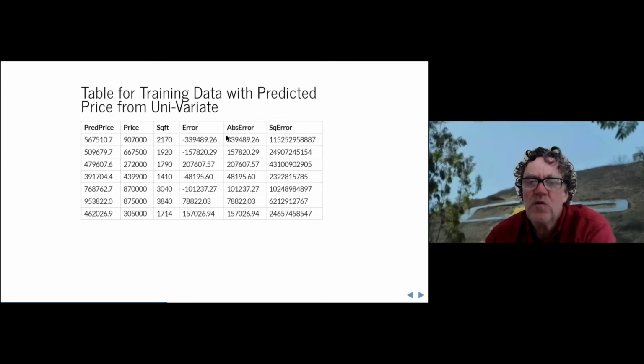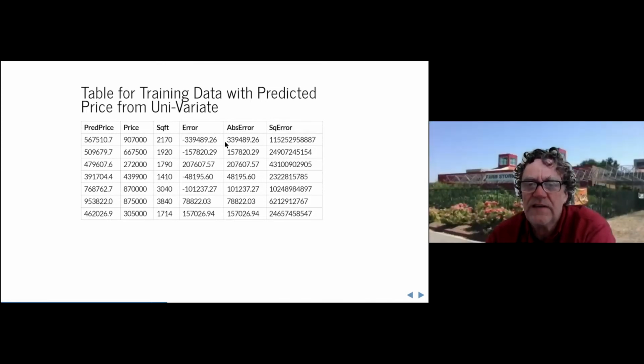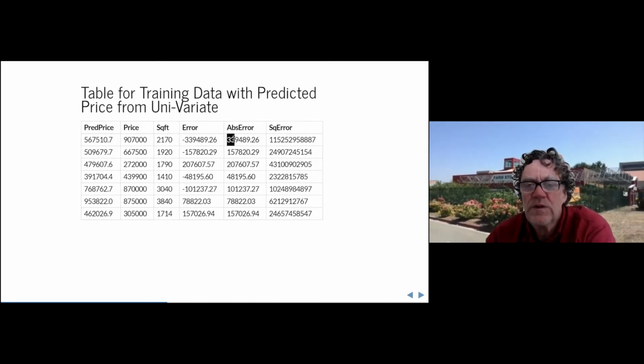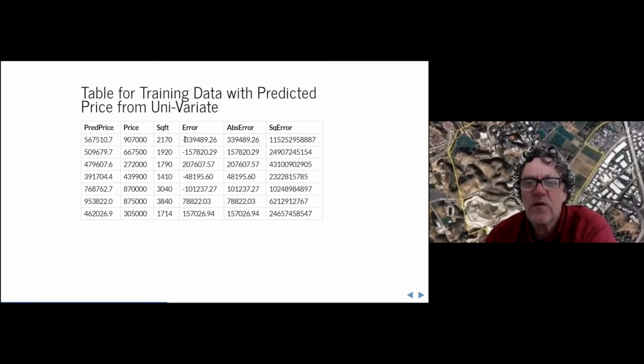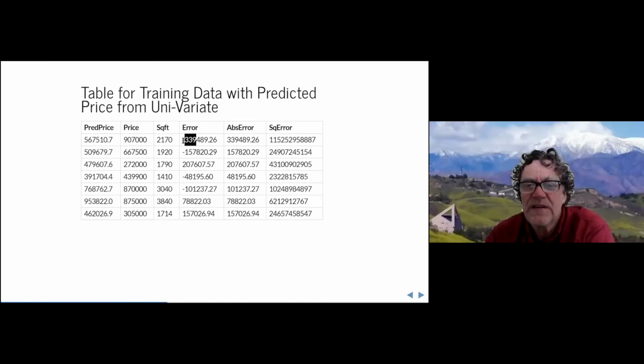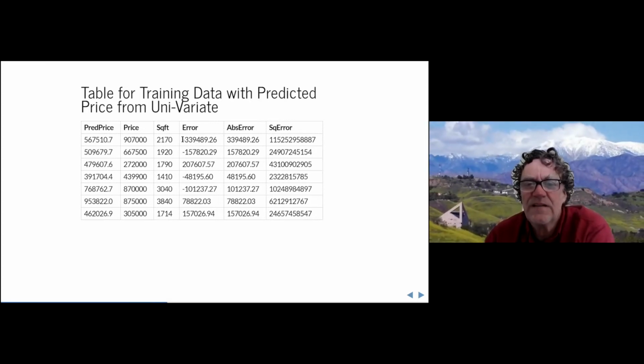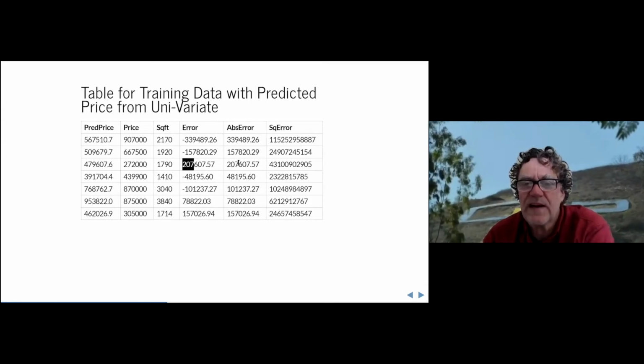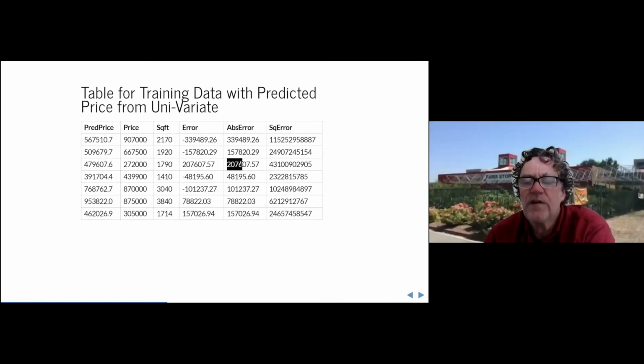So one option is to record the absolute error, which is the same as the error we recorded here, except every negative sign is switched to a positive sign, while a positive sign stays positive.